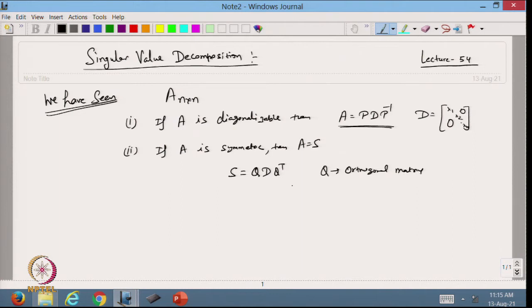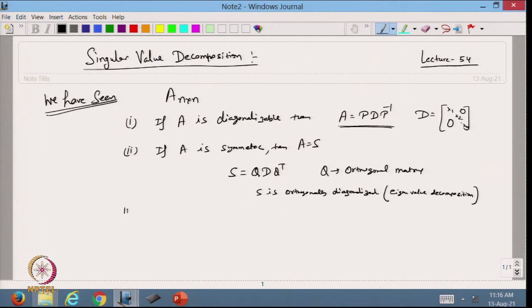And in that case we say that this S is orthogonally diagonalized. In this case Q is orthogonal, that is why I replace Q inverse with Q transpose. This form is also called the eigenvalue decomposition.